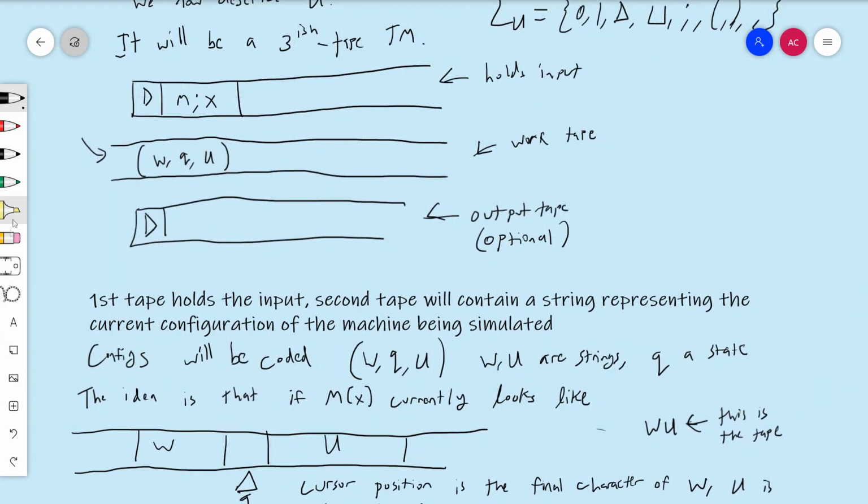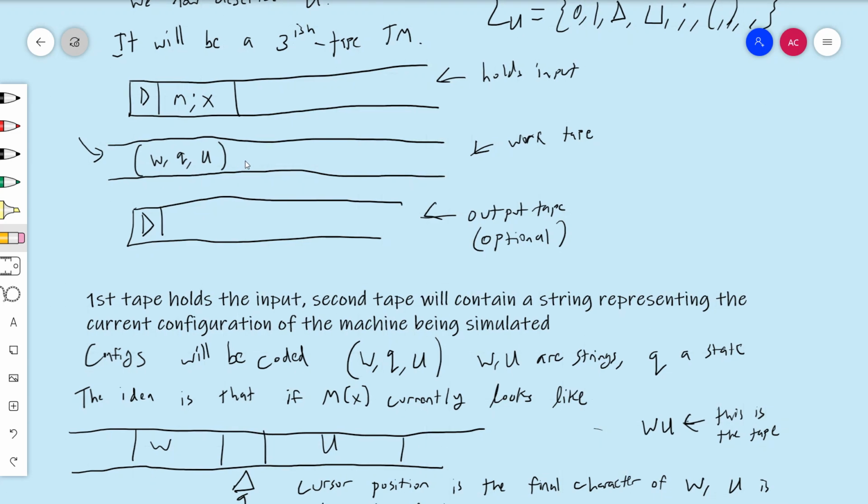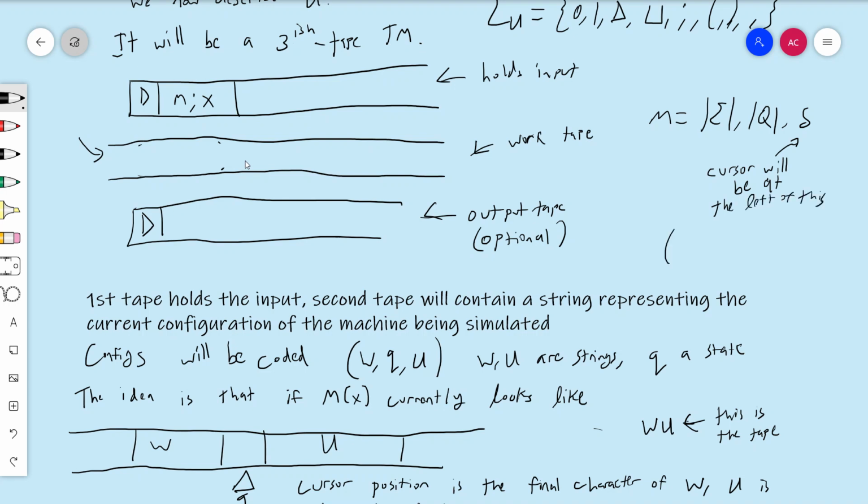So if we look up here, the initial setup is going to end up looking like this, where basically what I'm going to have is M is equal to... So the cursor will be at the left of this. Remember, it's going to be parentheses, parentheses, stuff in here, dot, dot, dot, parentheses.